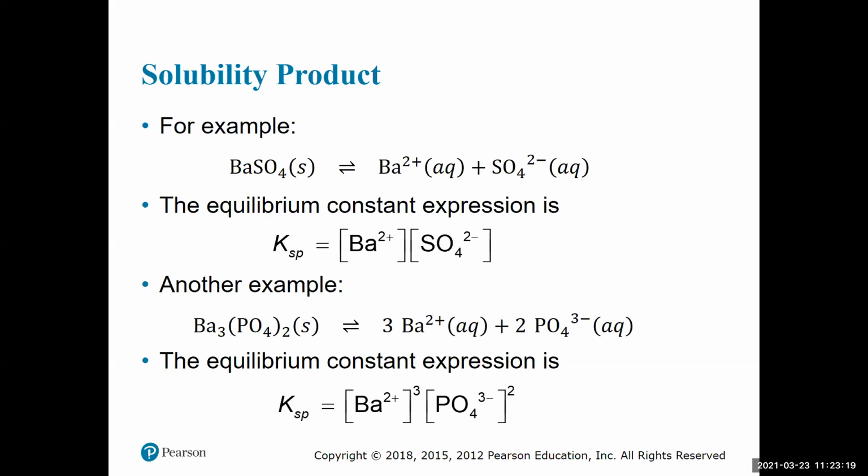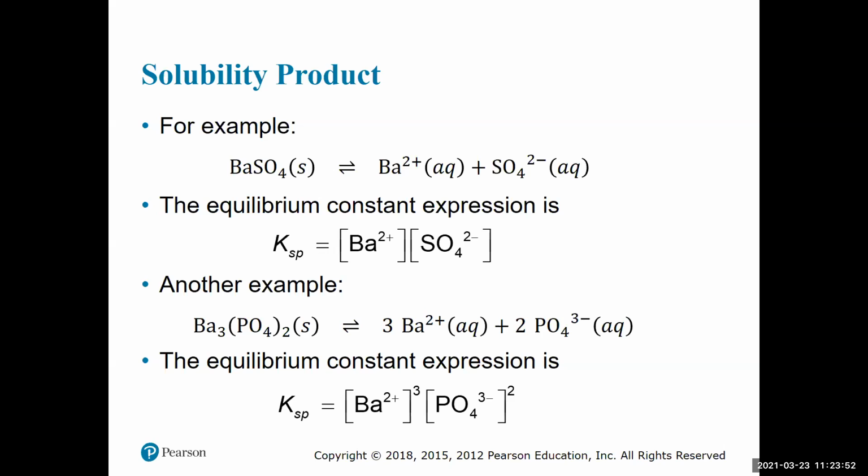The coefficients in our reaction are 1, so there are no exponents on the concentrations. The denominator would be barium sulfate solid. Well, that's a 1. It's a solid, so it doesn't impact anything, so it doesn't show up in our expression. So there's our equilibrium expression. In this case, it's a KSP because it's the solid dissolving. But really, the way you went about figuring it out is exactly the same as what we've been doing all along.